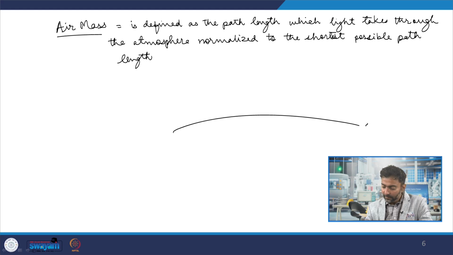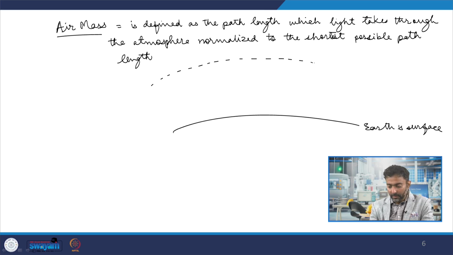Suppose this is the Earth's surface, and let us say this is the atmosphere, layer of atmosphere over the Earth. Now, the shortest path length will be when the sun's radiation is coming directly straight through the atmosphere perpendicular to a particular location.